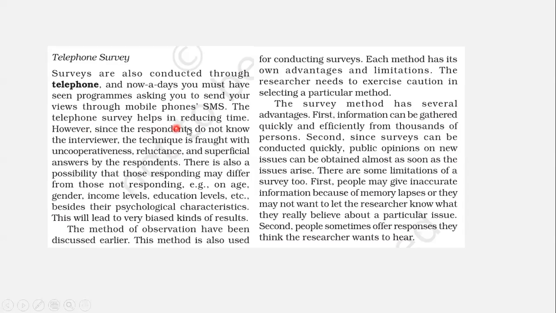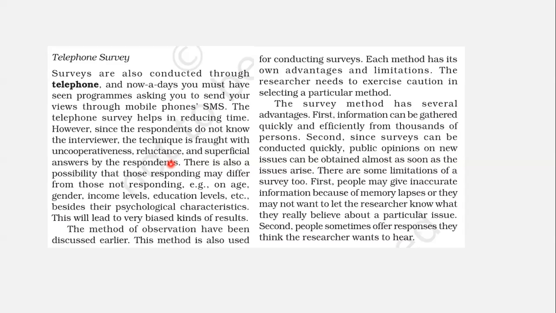The telephone survey helped in reducing time because it can be very quick compared to questionnaires. However, since the respondents do not know the interviewer, the technique is fraught with uncooperativeness, reluctance, and superficial answers by the respondent. The method may not give you exact results, but it is also useful.